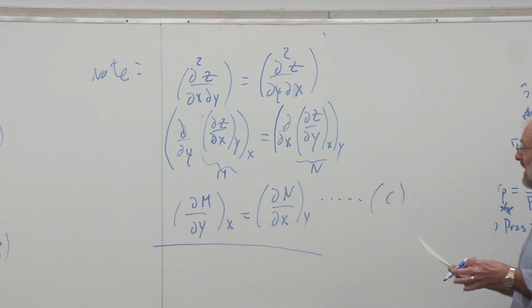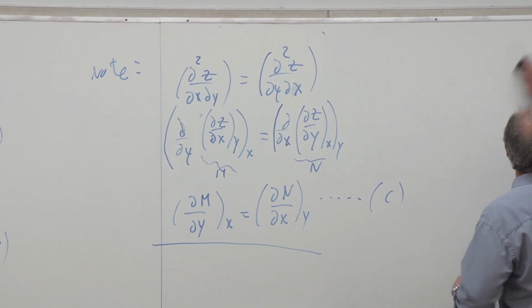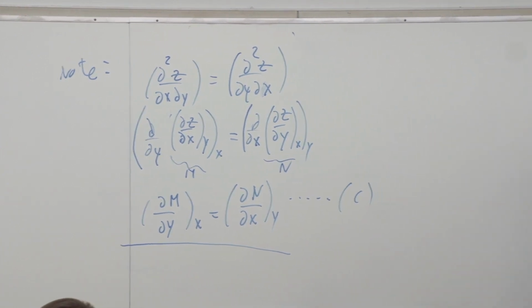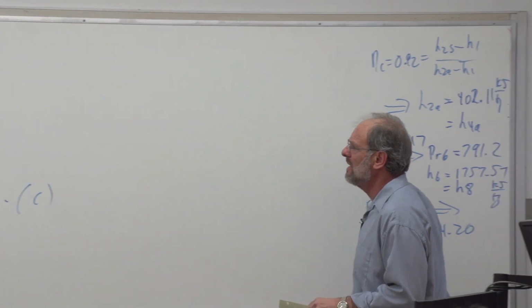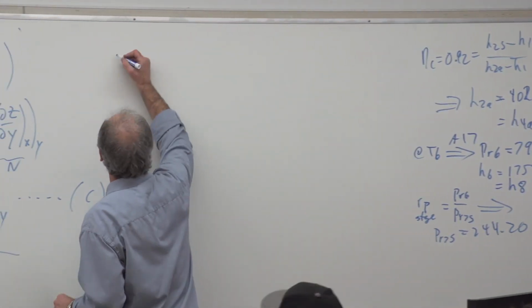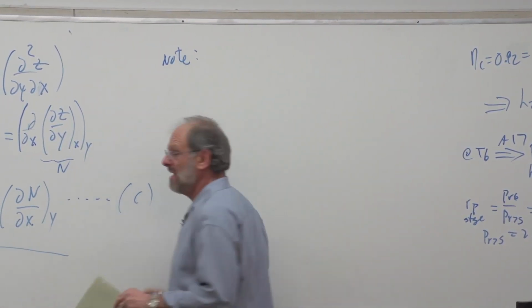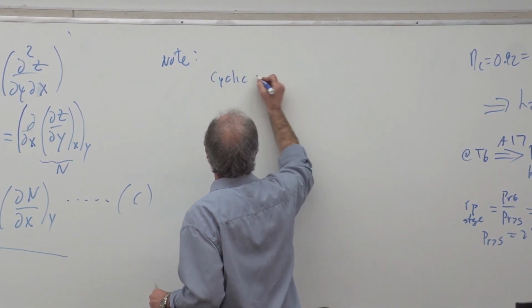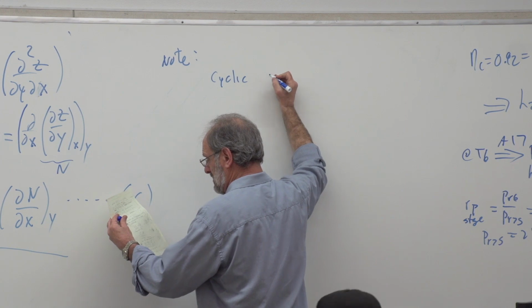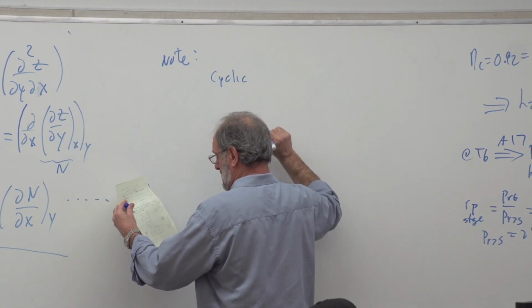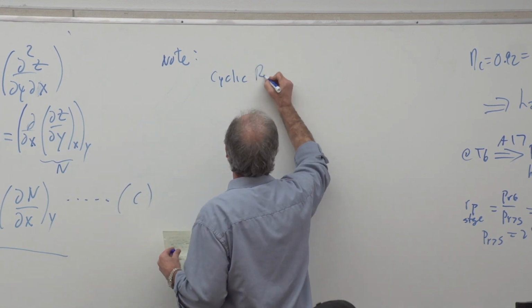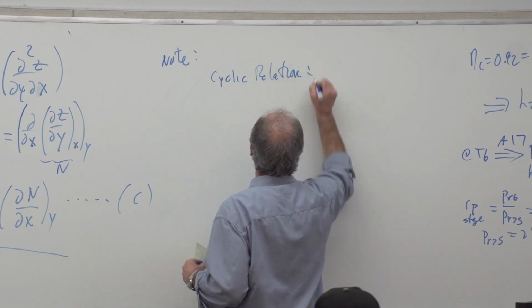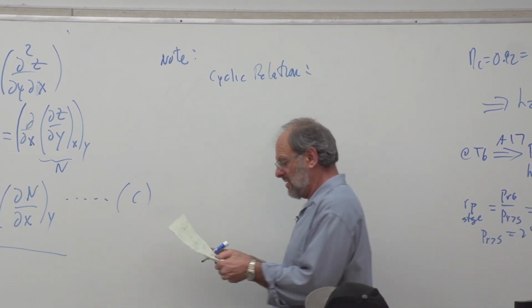Okay. And then there's actually one other equation that's going to be quite useful to us that we'll be using over the next couple of days. So let me just call this another note. There's a relationship that was called the cyclic relation. So let me just spell it out for you.